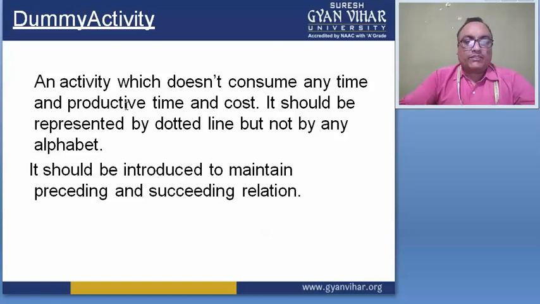This type of activity does not consume any time or productive time and cost. It should be represented by a dotted line but not by any alphabet, right? And one more thing for this dummy activity, it should be introduced to maintain the preceding and succeeding relation. It provides a relation between the last activity and the next activity, maintaining one relation between them, right?